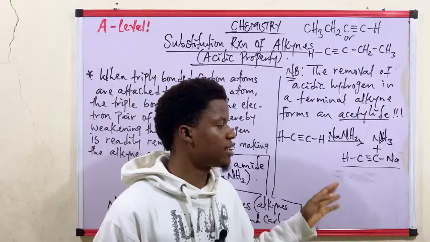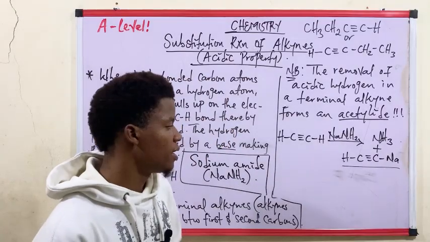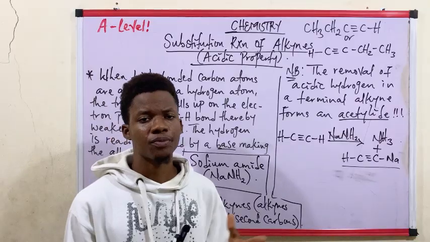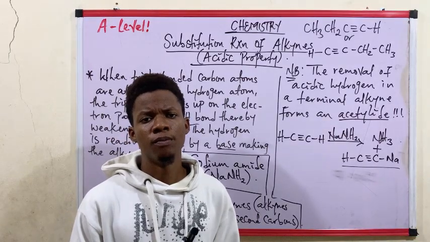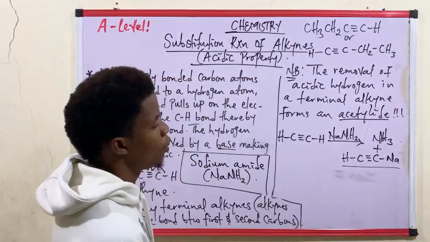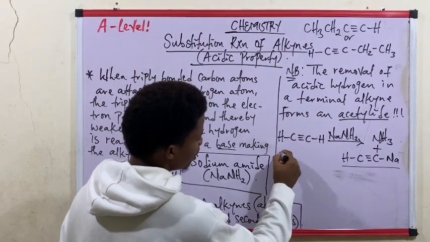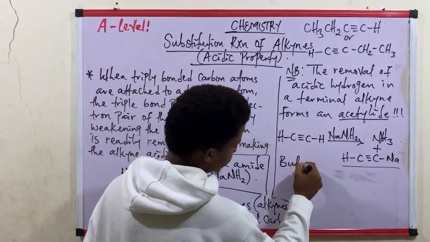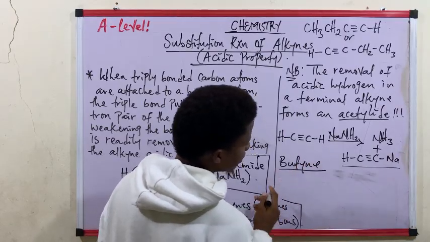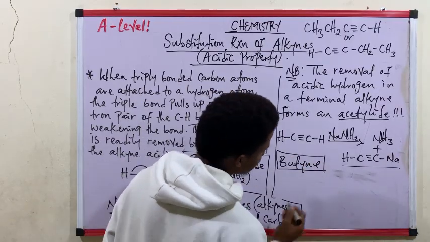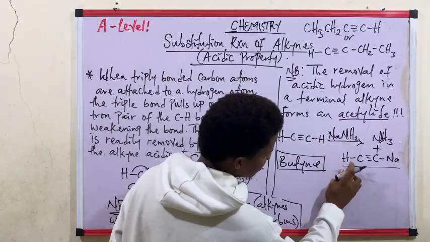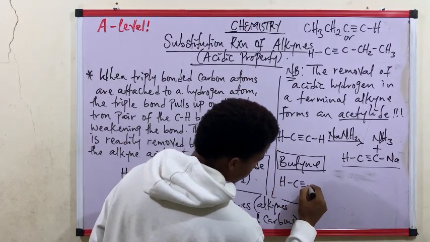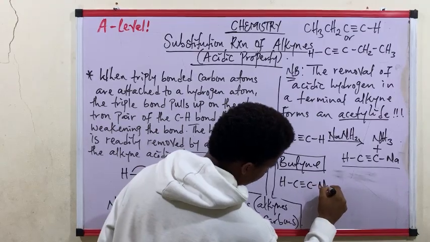For example, let's say we want to create butane, but our acetylide is this, HC triple bond CNa.